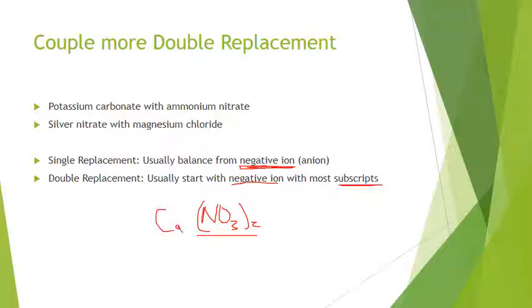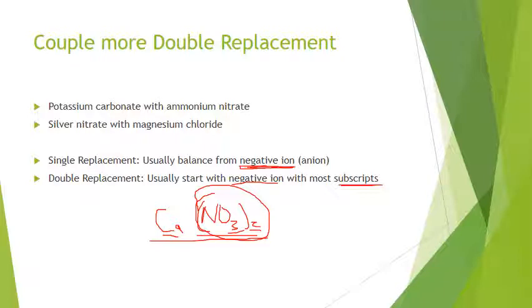So if there was like Ca(NO3)2 in a chemical equation, I'd start with this ion right here because it's a negative ion and it has the most subscripts. It has a 3 and a 2.